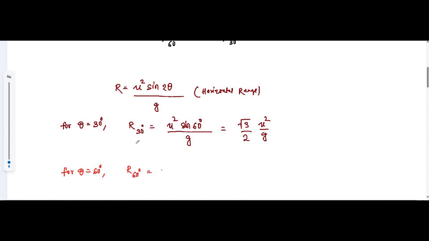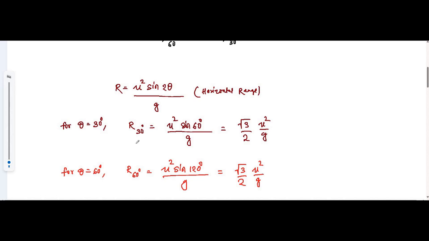Range for 60 degree is equal to u square sine 2 theta, that is sine 2 into 60 degree, that is sine 120 degree, by g. So sine 120 degree is also root 3 by 2, so it will be root 3 by 2 u square by g.